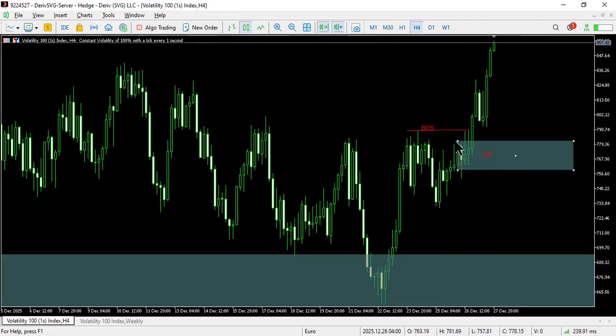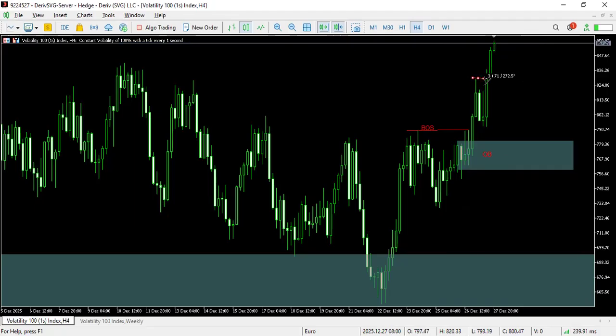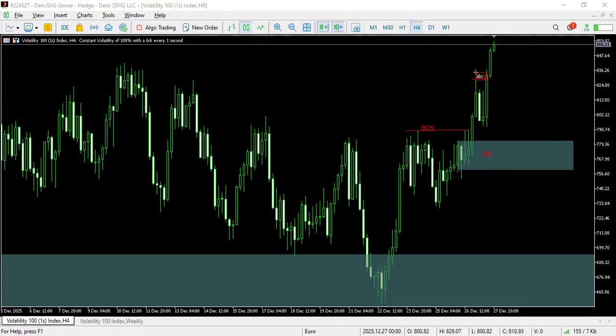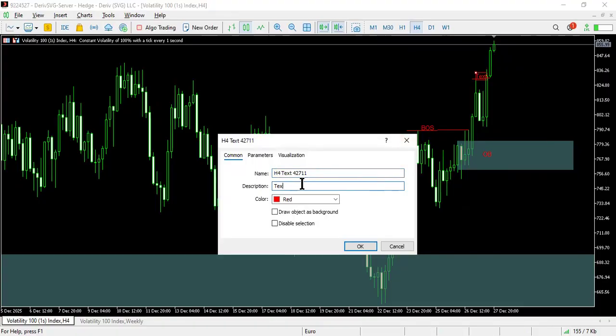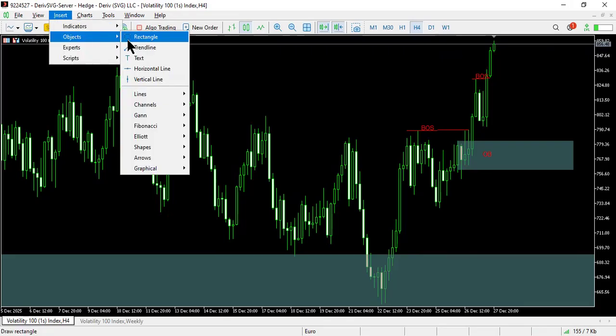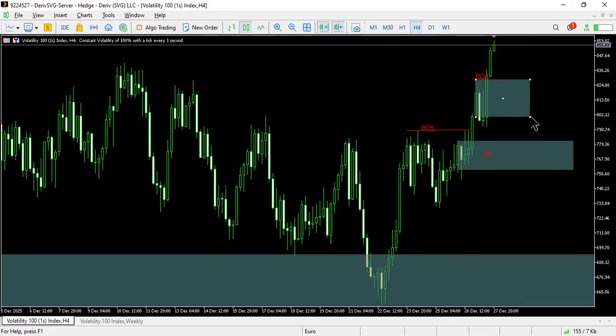That is the order block we have. And then I can see another break of structure up there, and the order block which caused the break of structure is that order block there.